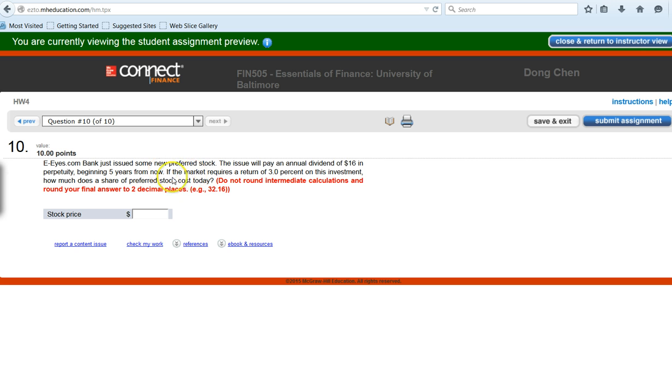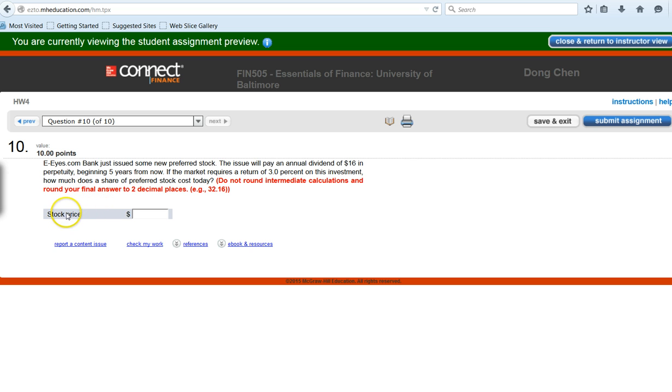If the market requires a return of 3% on this investment, how much does a share of preferred stock cost today? So again, the biggest hurdle to solve a question in this course turns out to be how to use the right framework to analyze the question, or in other words, how to put the numbers into the right place.